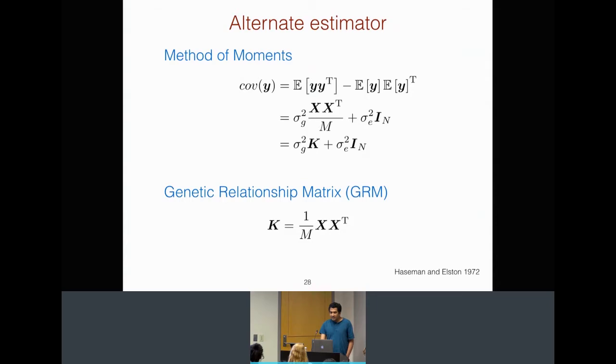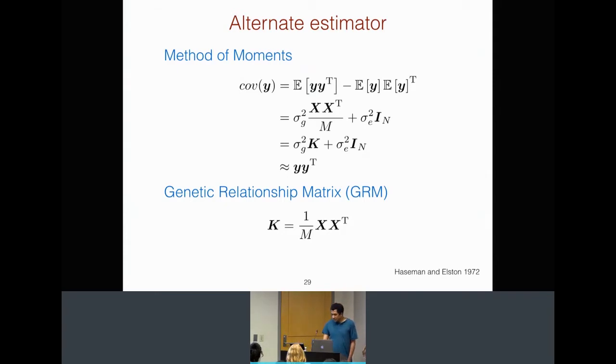In this setting there's actually only one estimator: we have one sample from y, so the estimator of the covariance of y is just this quantity. It's the trivial estimator of the covariance. So the goal is to pick values for these two so that this quantity matches this quantity.